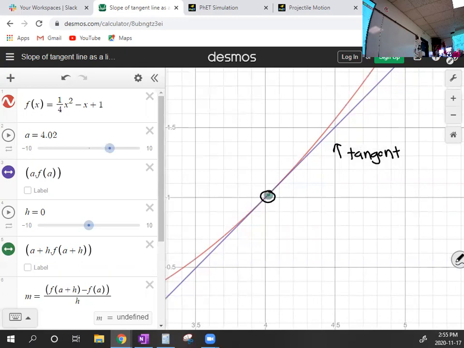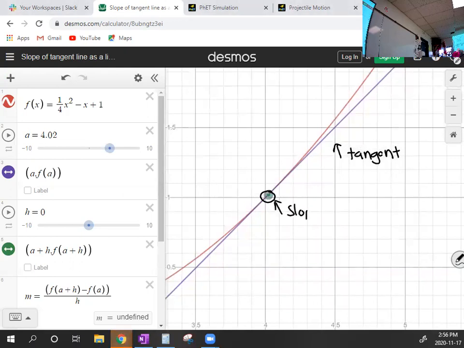So it's telling us how steep the red curve is at the 4-second mark right now. It might be hard for me to measure the slope on a curve, but the tangent line is a straight line, so I can measure the slope of that tangent, and that will tell me what the velocity is.